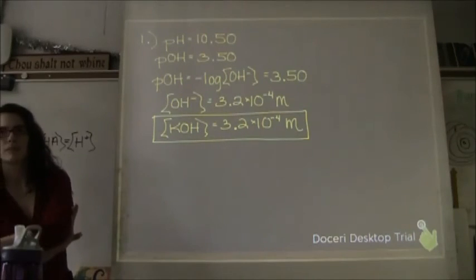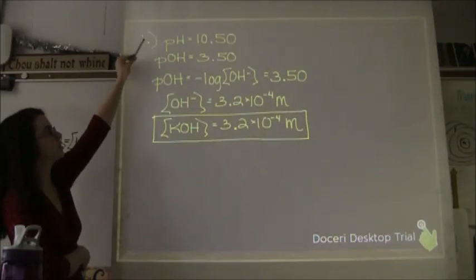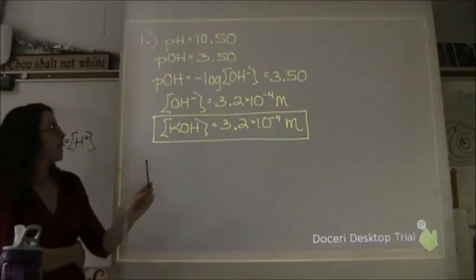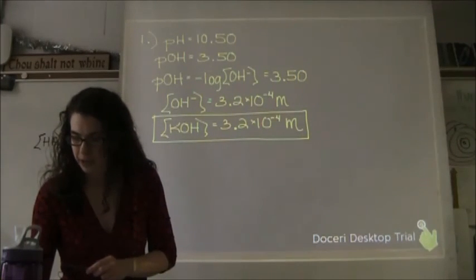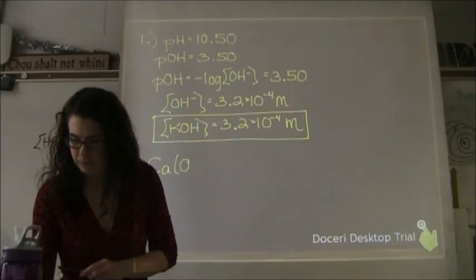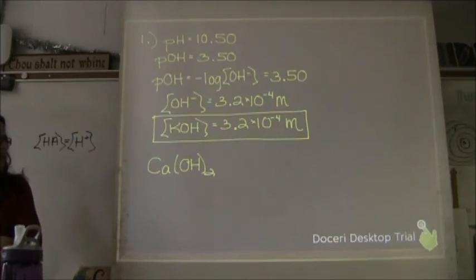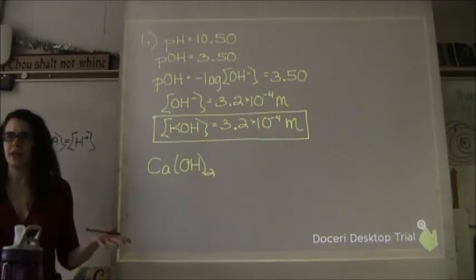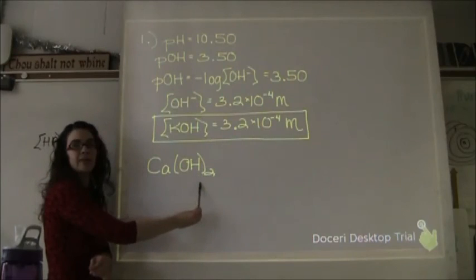Let's say you are given the same pH to start with. The question is asking you to solve for the same thing, the concentration of the base, but the base isn't KOH. This is what the base is. Is that one of our strong bases? Yeah. Okay, so it's not like this situation requires an ice table or anything. However, this is going to have an effect.